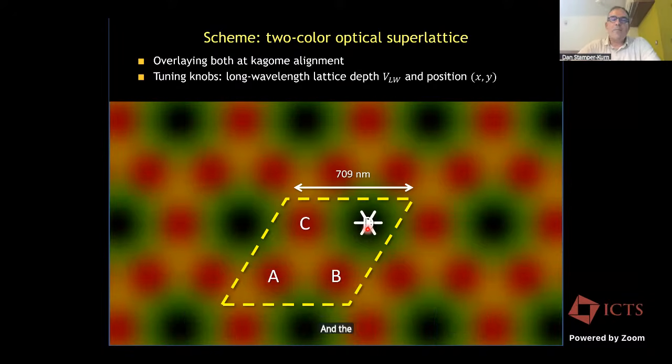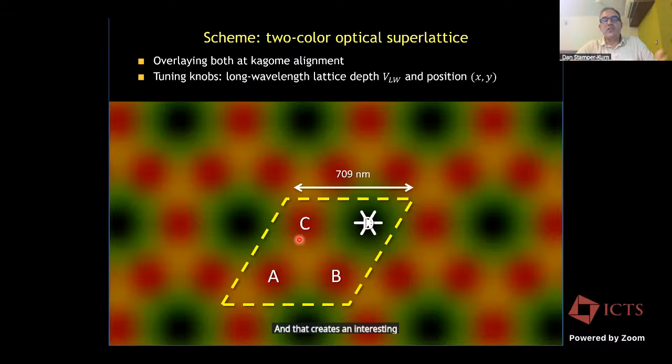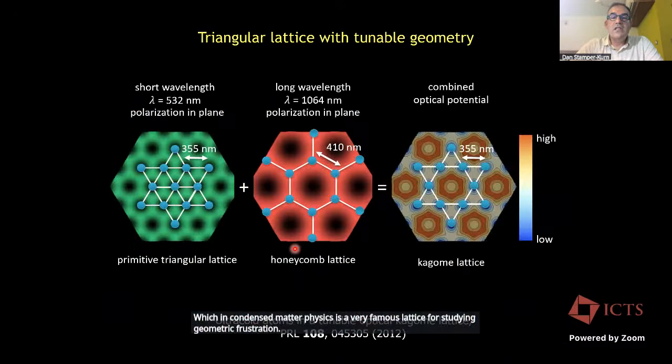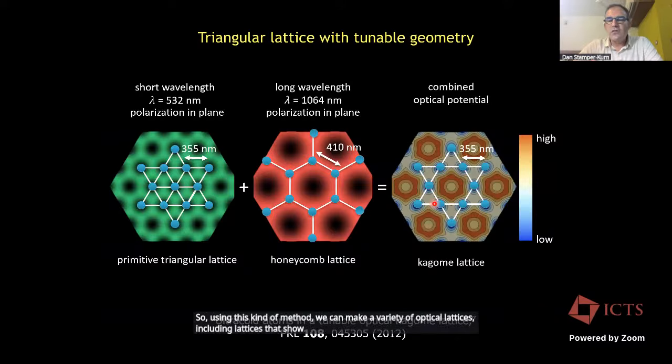And the sites that remain, you've noticed they have these triangular plaquettes, these ABC plaquettes, and they share vertices with one another. And that creates an interesting crystal structure, something called the Kagome lattice, which in condensed matter physics is a very famous lattice for studying geometric frustration. So using this kind of method, we can make a variety of optical lattices, including lattices that show geometric frustration.